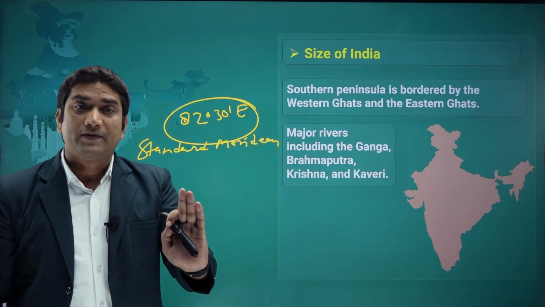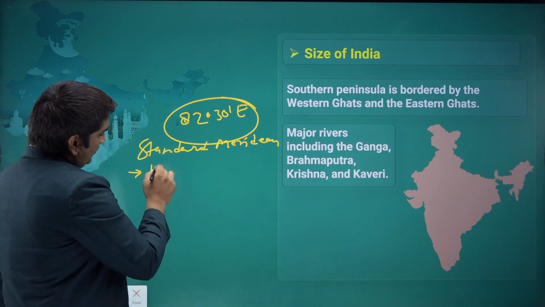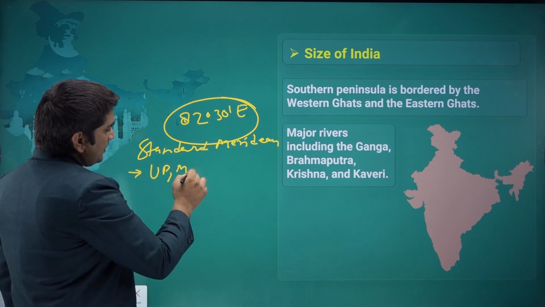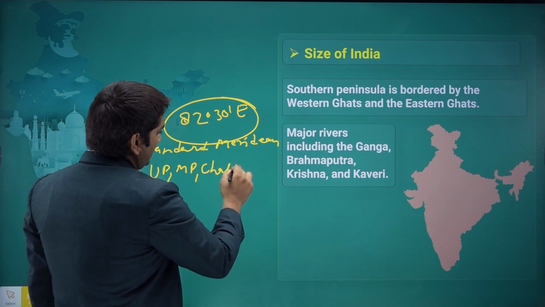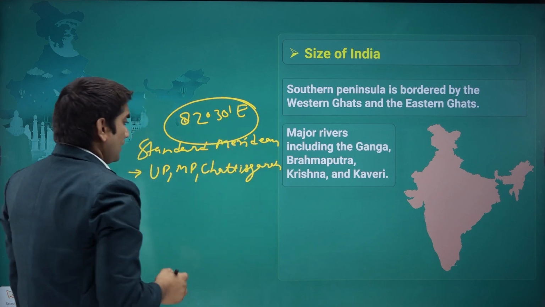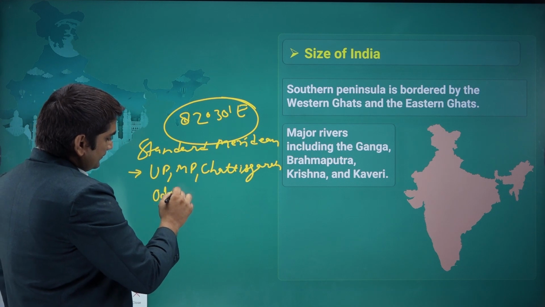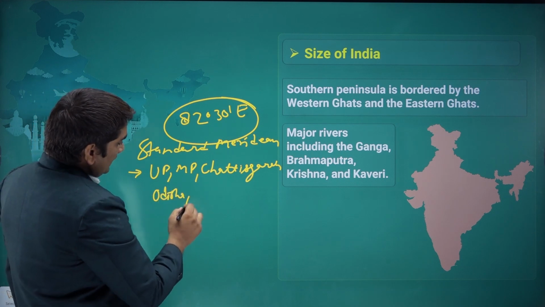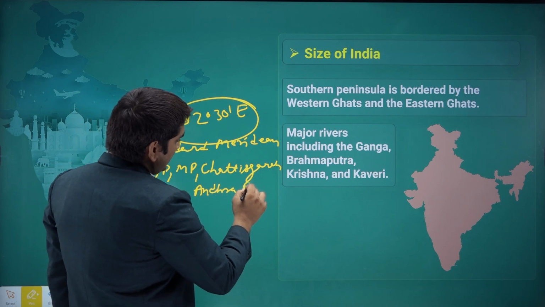It is passing from 5 states of the country. The first one is Uttar Pradesh, Madhya Pradesh, then we have Chhattisgarh, then Odisha, and at the end Andhra Pradesh.